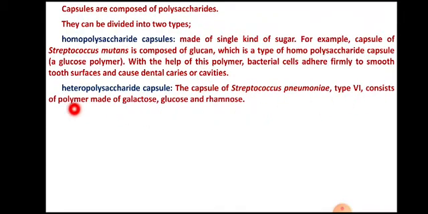This capsular material consists of repeating units of monosaccharides such as glucose, galactose and rhamnose. In contrast to the previous one, which is composed of only glucose, this is composed of more than one type of monosaccharide, repeatedly present: galactose, glucose and rhamnose, and that is why it is called heteropolysaccharide.